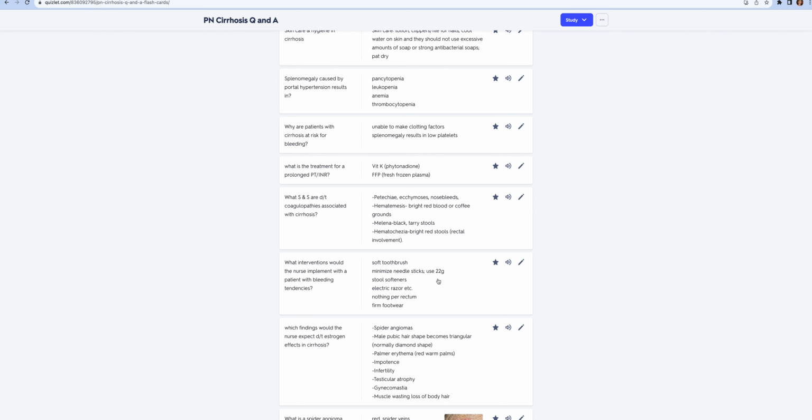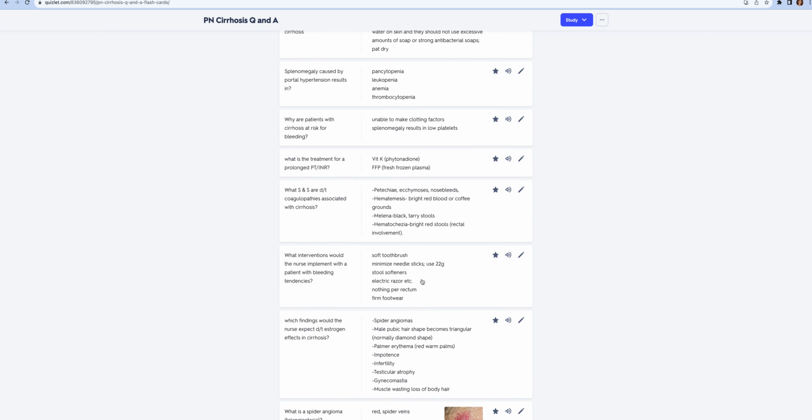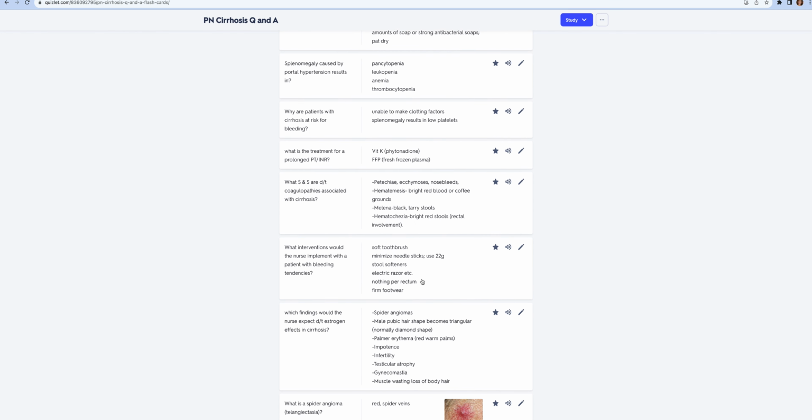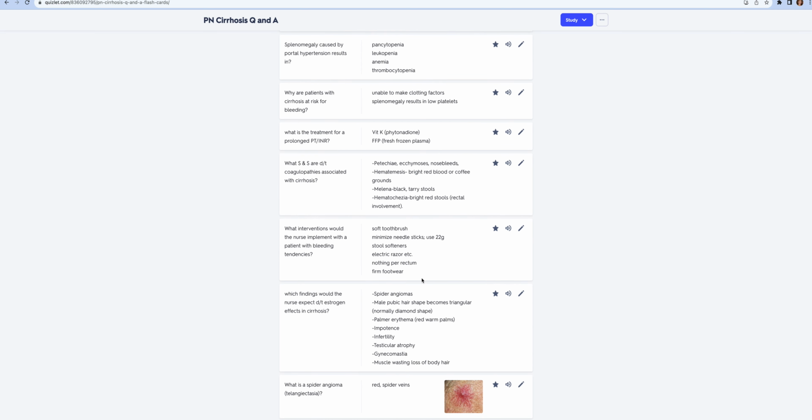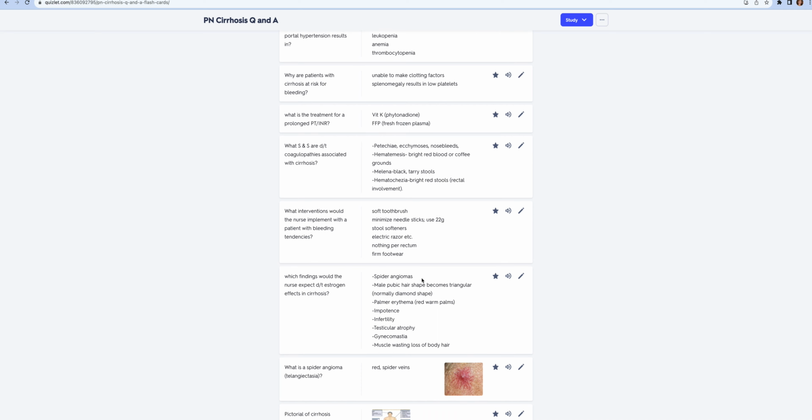You never want to give IM injections to somebody that has bleeding tendencies. They need to be on stool softeners because they're going to have hemorrhoids and you don't want them to bleed rectally. And they need an electric razor. Nothing per rectum. Don't take a temperature per rectum. And firm footwear. Okay, and that's so they don't fall.